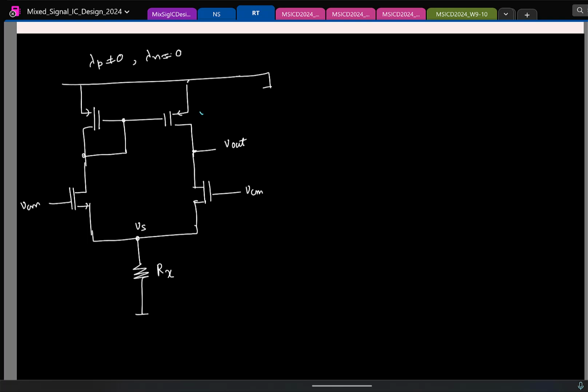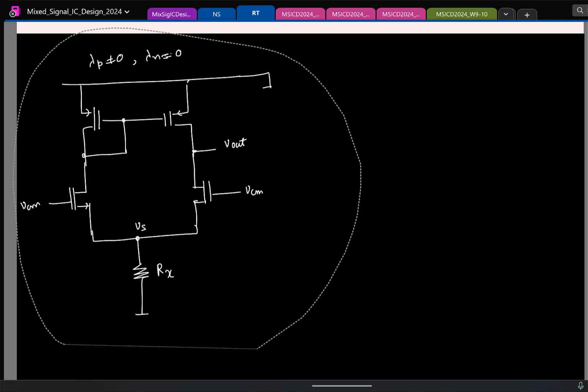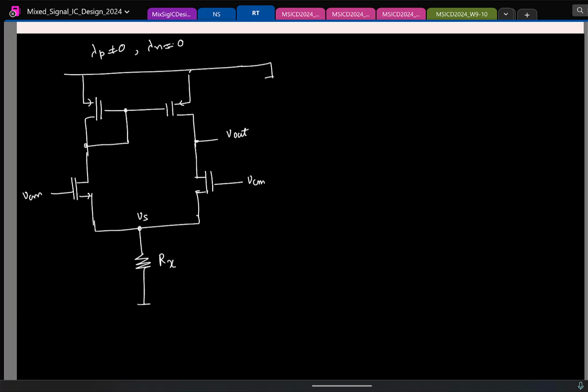Now can you calculate and tell me what is Vs? Again, lambda of the NMOS is not considered. So can you find and tell me what is Vs? No, in terms of the input and the transistor parameters, that's all.